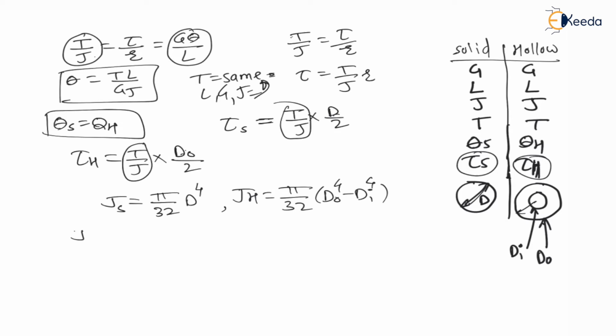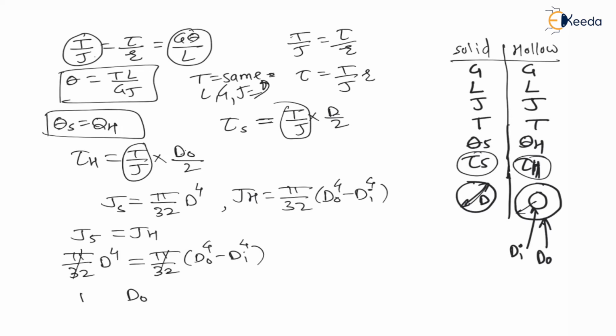They are saying polar moment of inertia for solid shaft is equal to polar moment of inertia for hollow shaft. Therefore pi by 32 D power 4 is equal to pi by 32 into do power 4 minus di power 4. Pi by 32 will get cancelled. Therefore D power 4 is equal to do power 4 minus di power 4.